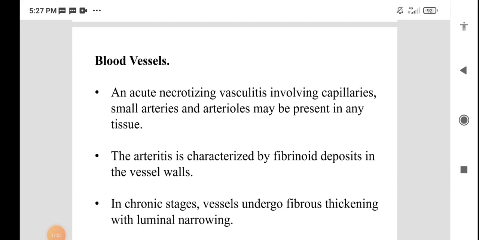In blood vessels, an acute necrotizing vasculitis involving capillaries, small arteries and arterioles may be present in any tissue. The arteritis is characterized by fibrinoid deposits in the vessel walls. In chronic stages, vessels undergo fibrous thickening with luminal narrowing.